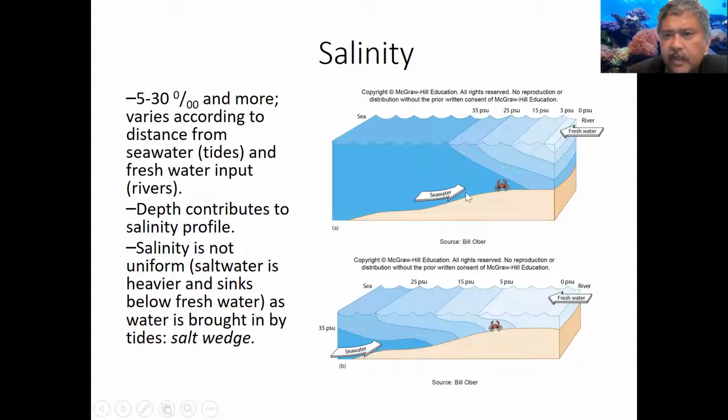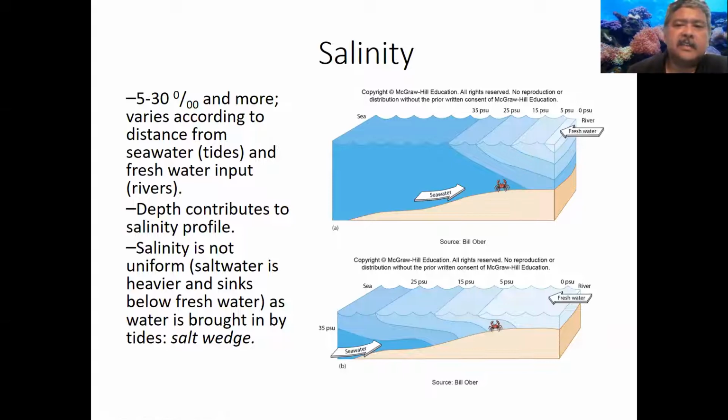This crab right at this point in the deeper part of the estuary is in this darker blue, more salty water. And in the more shallow regions right here, this same crab is actually in a less salty area, and it's due to the depth of the water. So the depth of the water is important as far as where these guys live.